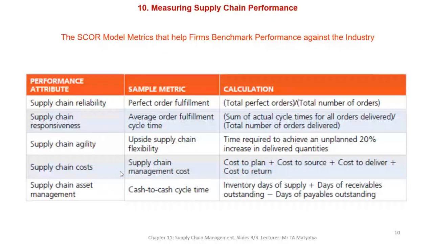The SCOR model metrics help firms benchmark performance against industry. Performance attribute: supply chain reliability. Sample metric: perfect order fulfillment. Calculation: total perfect orders over total number of orders. So this you can easily get as a percentage.